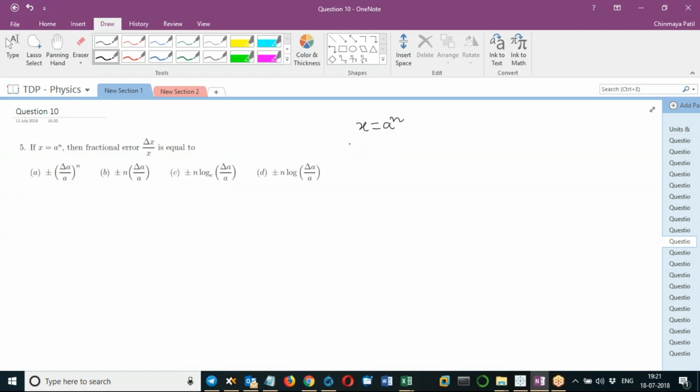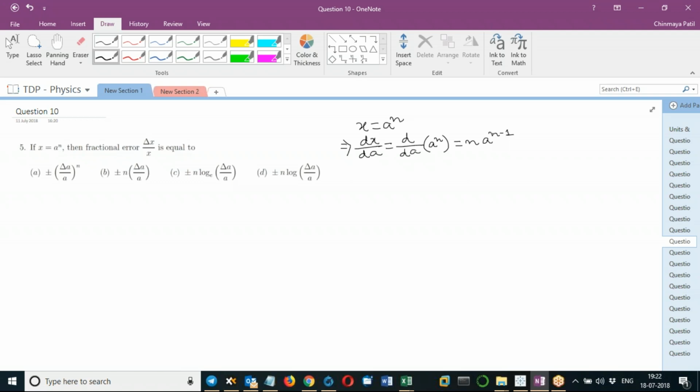That means we can differentiate this x with respect to a. So we can write dx by da. Those who are very new to differential calculus, I can explain a little bit more elaborately. So d by da of a power n is equal to n into a power n minus 1. That's the formula.